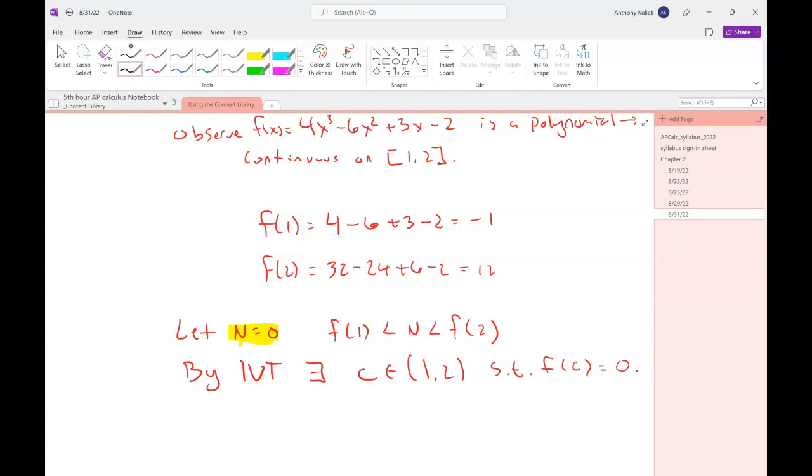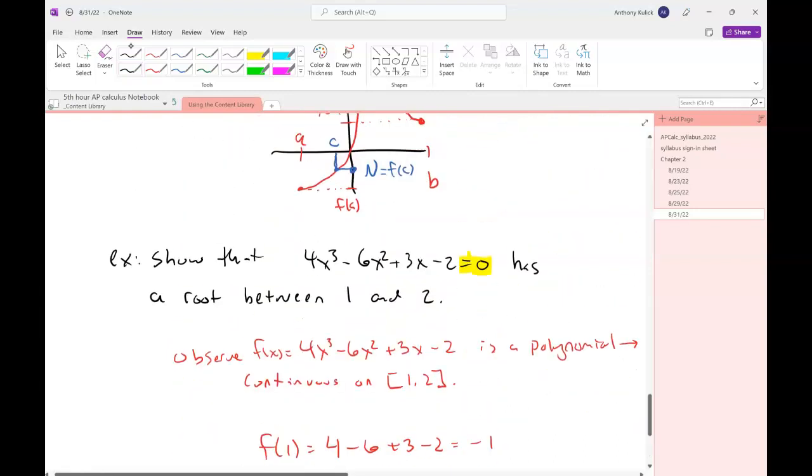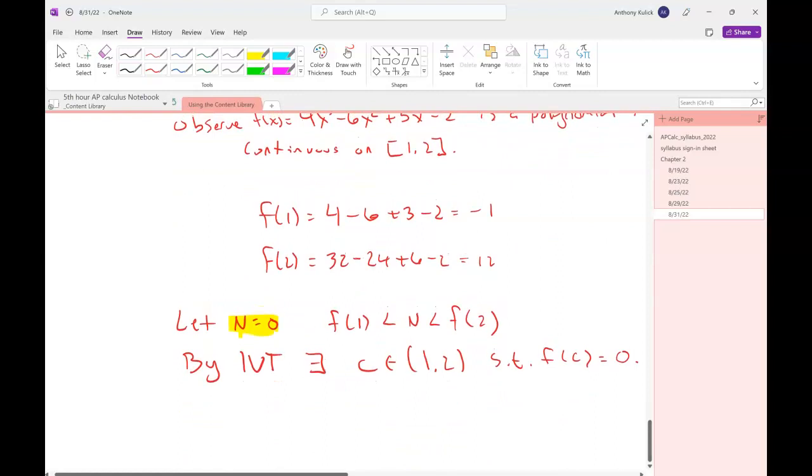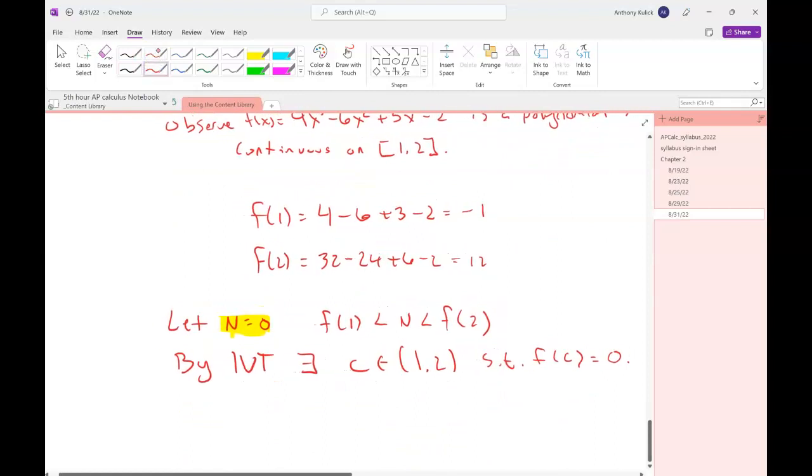That's the intermediate value theorem. So what's the final answer? Well, the question said show that there's a root between. They didn't ask us to find the root, just to show that it exists. So this is kind of like a proof. I've used the intermediate value theorem to show that I can find such an x.